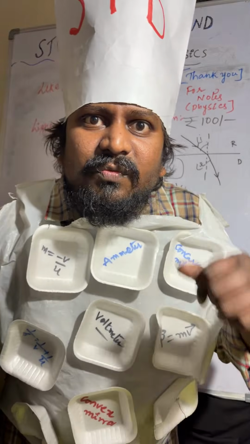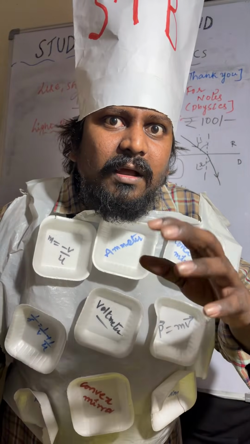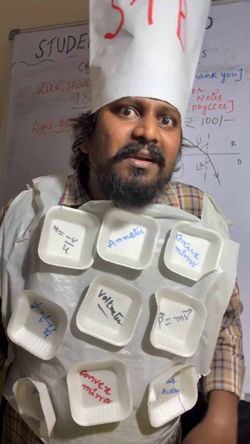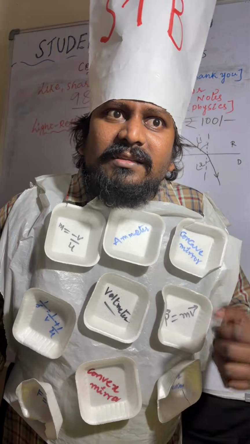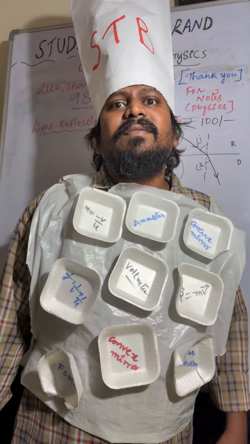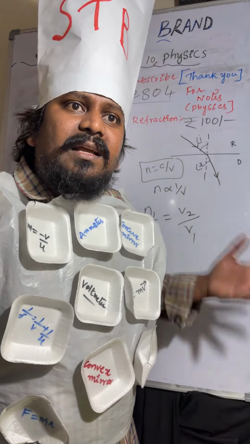The absolute refractive index is nothing but c by v, n equal to c by v.